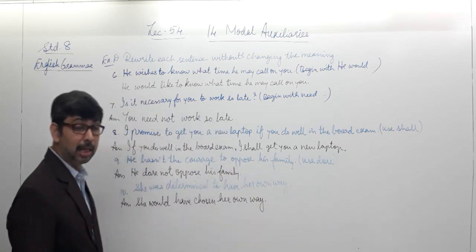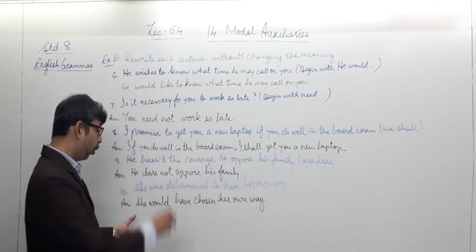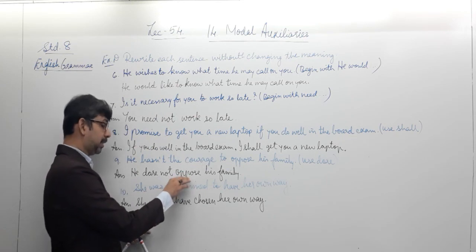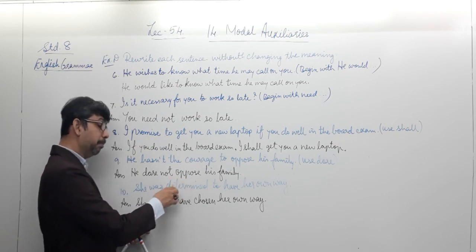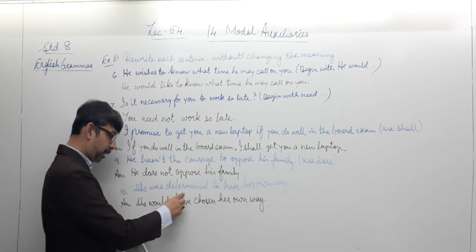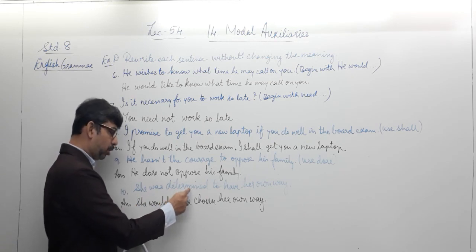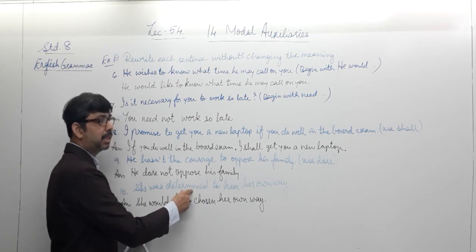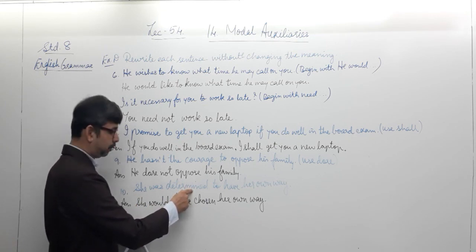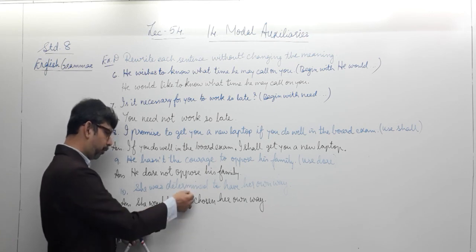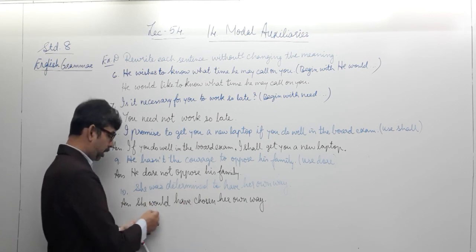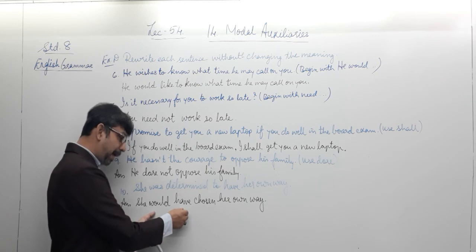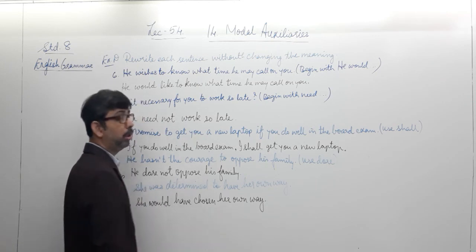We need to make the necessary modification and changes when we formulate the answer from the given meaning of the question. So she was determined, a strong determination. So here the word would is representing the determination vested inside the person, as we learned in the explanation part. And would can be used for determination. So she would have chosen her own way.